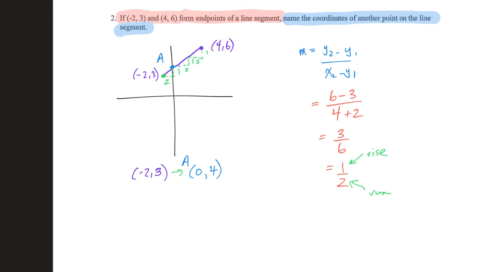Maybe we dealt with it differently though. Like maybe we started all the way back here at 4, 6, and we went backwards. So we went backwards 2 and down 1.